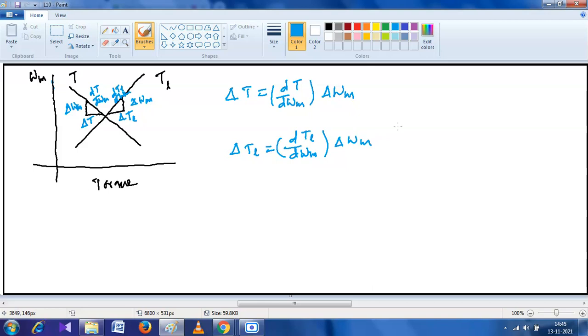We have to replace this value in the previous equation. What is the previous equation?